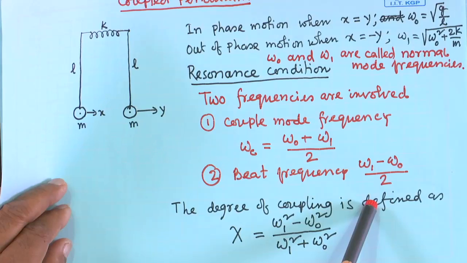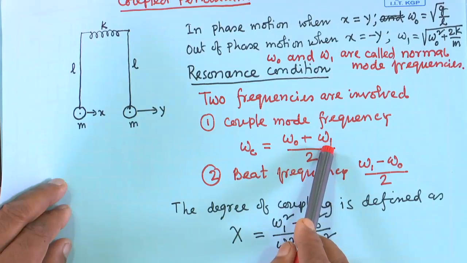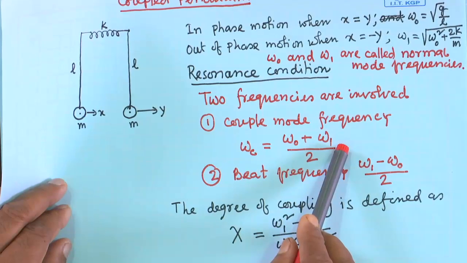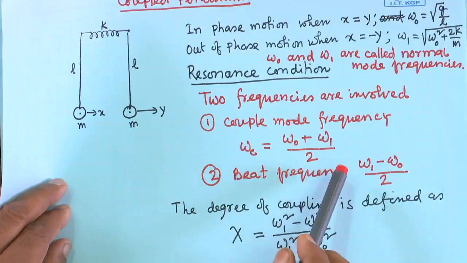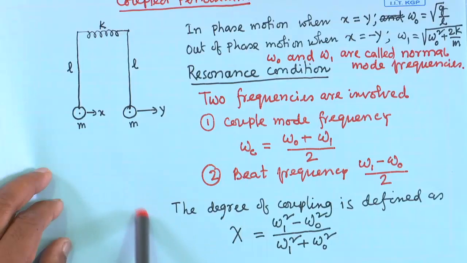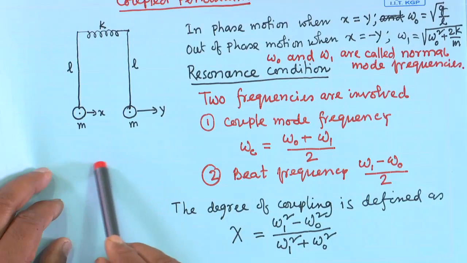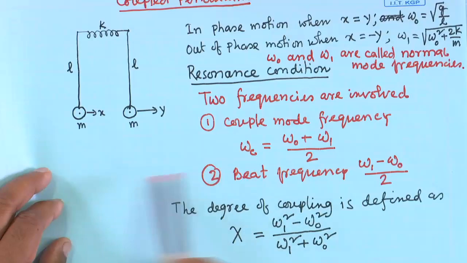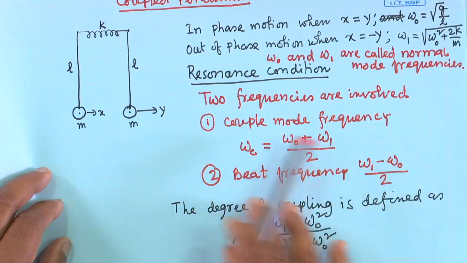In the resonance condition, you will see these two frequencies, one higher and one lower. The higher frequency is modulated with the lower, beat frequency, as if the amplitude of the higher frequency is varying with the beat frequency.